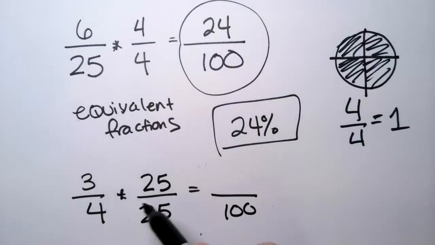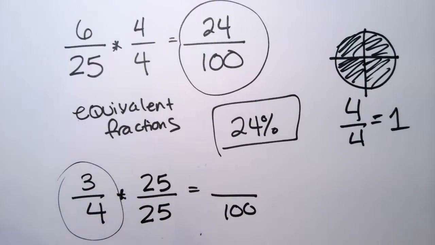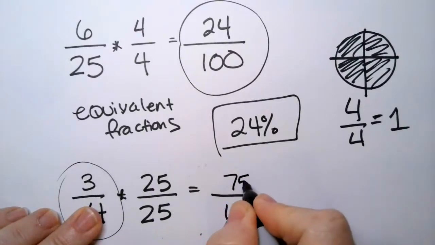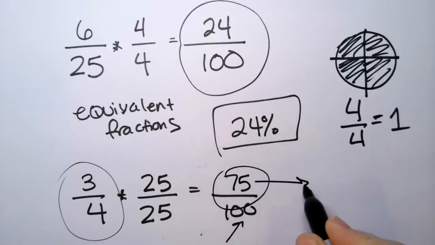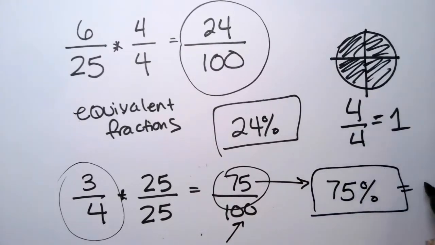So 3/4 times 1, we're going to scale up 3/4. We're going to inflate it until it gets to be 100. 3 times 25, you have 3/4, you have 75 cents. The bottom is 100, so that means we can rip the top off, and that is our percent. So 3/4 is the same as 75%.